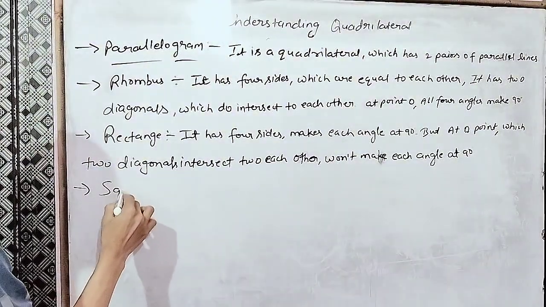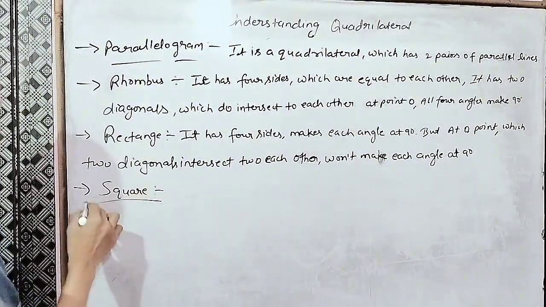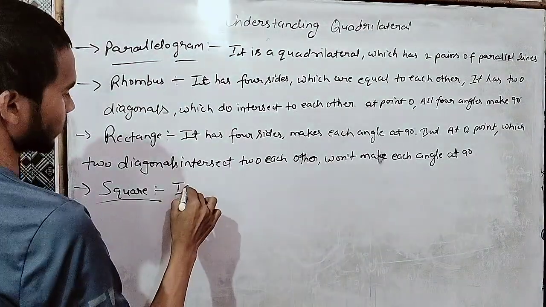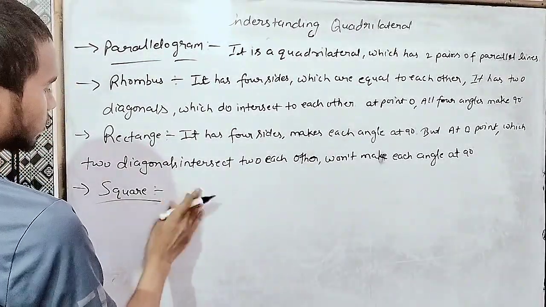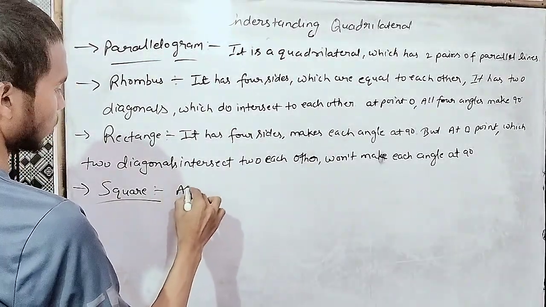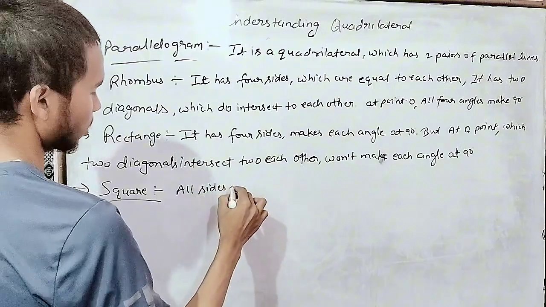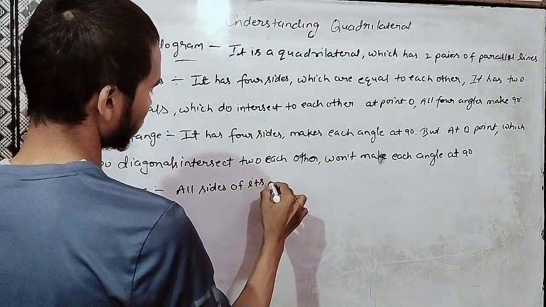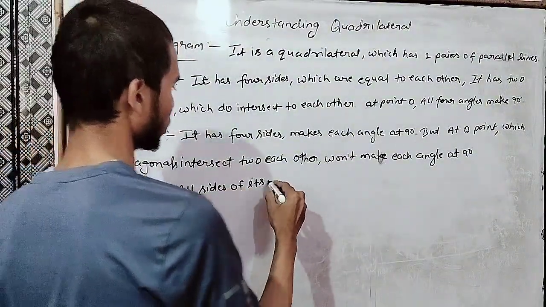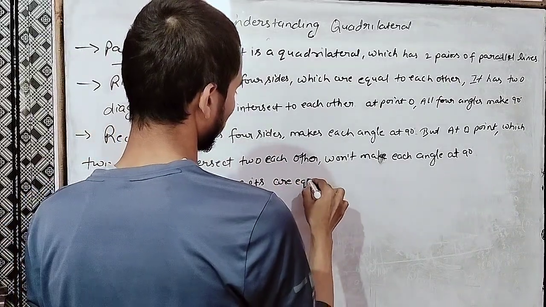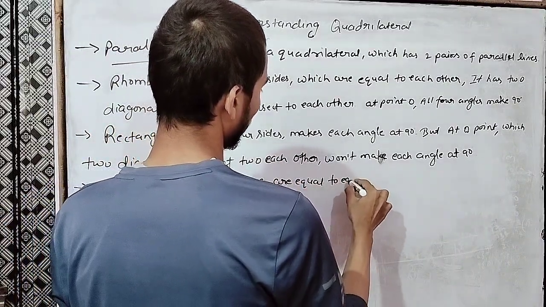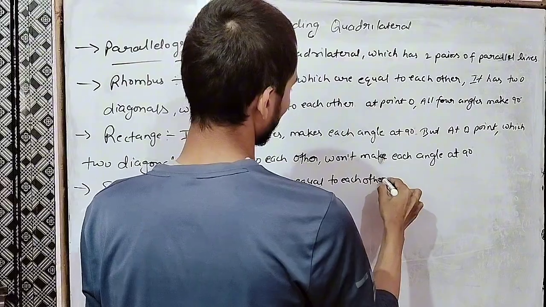Now let's turn to a square. All sides of it are equal to each other.